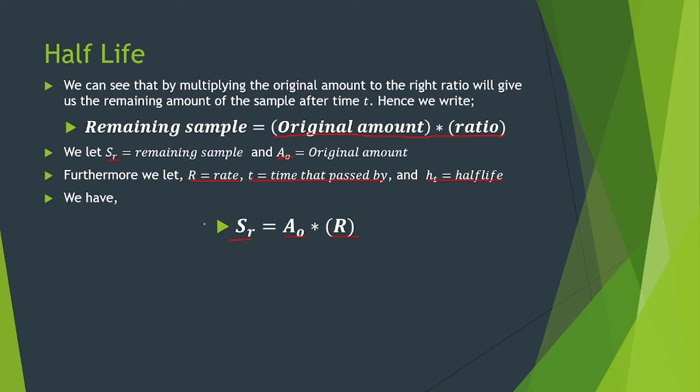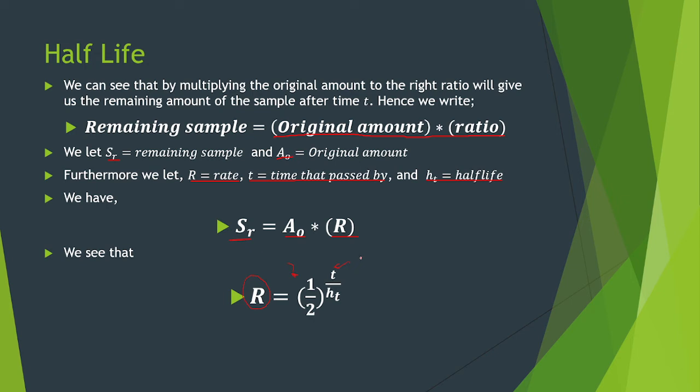Next, we see that the rate is just equivalent to one half, which is constant because every time the sample is reduced to one half, and t is the time that has passed by.